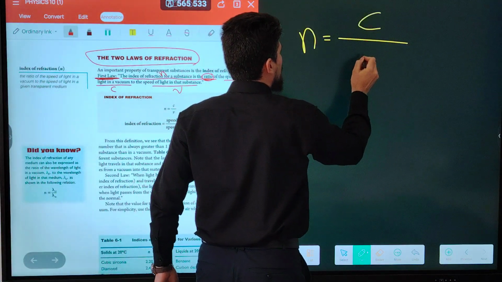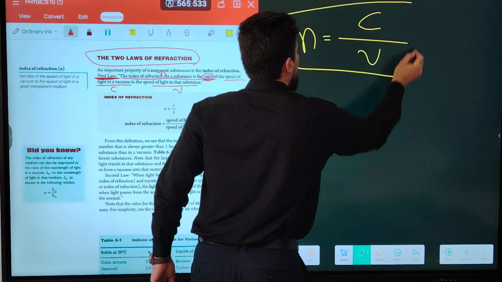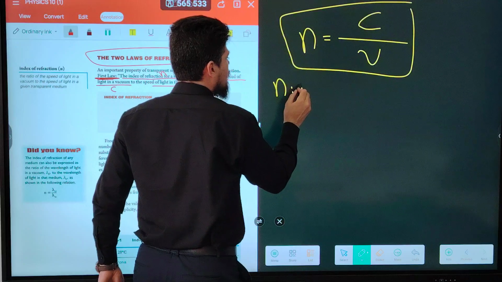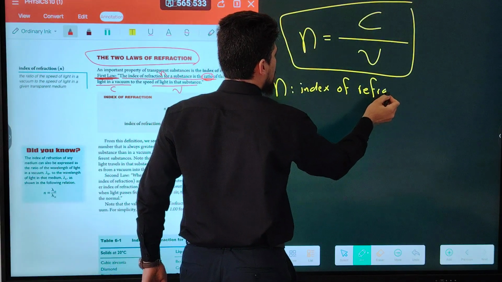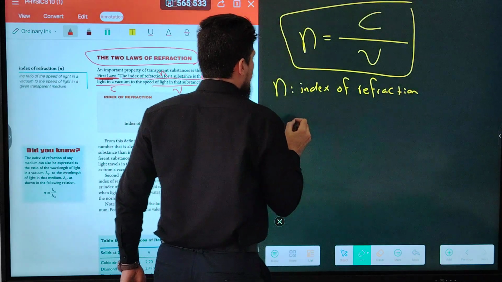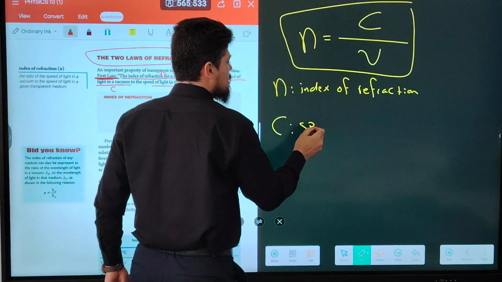Index of refraction is equal to what? n equals c over v. What is n? Index of refraction. What is c?